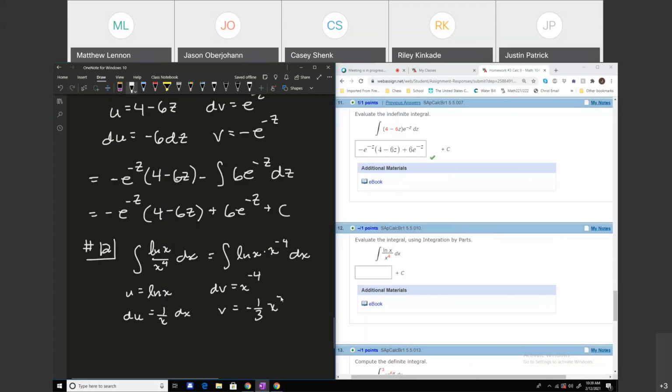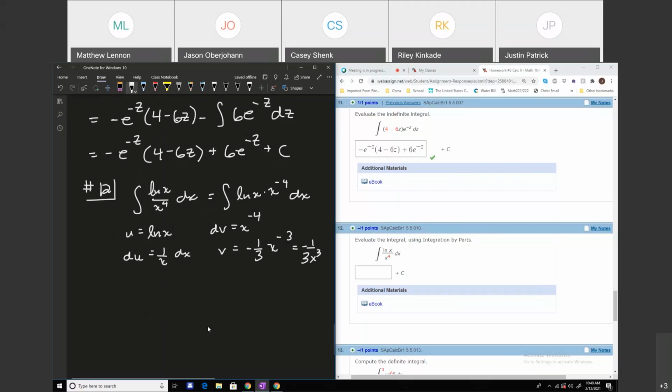Adding 1 to the power. Remember, when you add 1 to negative 4, it is actually negative 3. I see a lot of students add 1 and end up with negative 5, but negative 4 plus 1 should be negative 3.